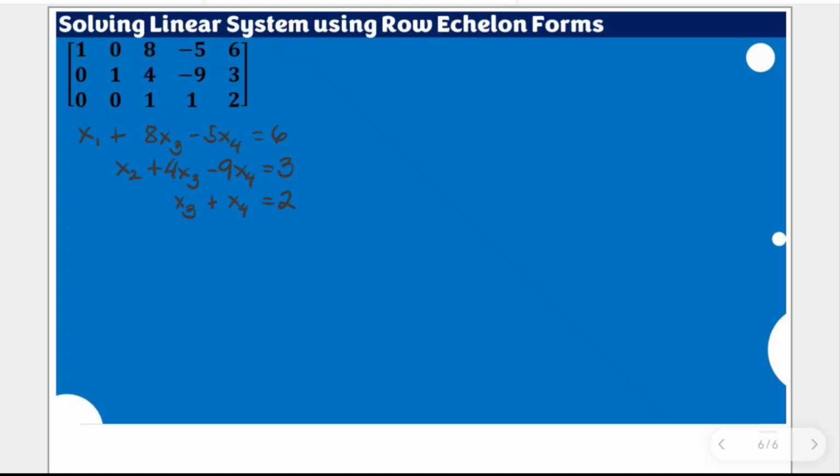This also tells us that there are infinitely many solutions, because we don't know the exact value of either x sub 3 or x sub 4. It could be 2 plus 0, 1 plus 1, negative 1 plus 3, even fraction values. So we have infinitely many solutions.